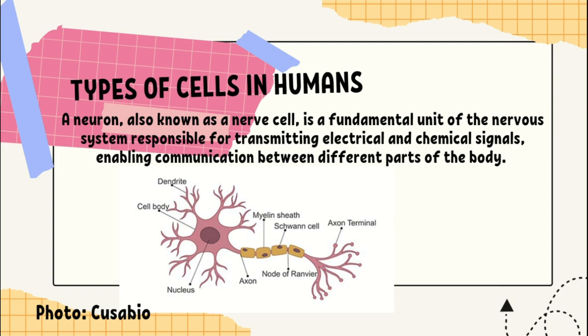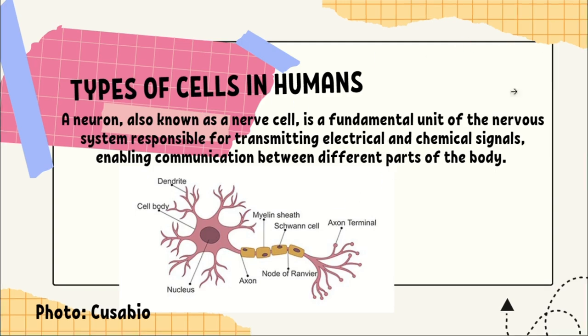It is a part of the nervous system, and it's used to transmit electrical and chemical signals, right? Knowing how nerve cells work, how they operate and how they function, would be very beneficial and very important.